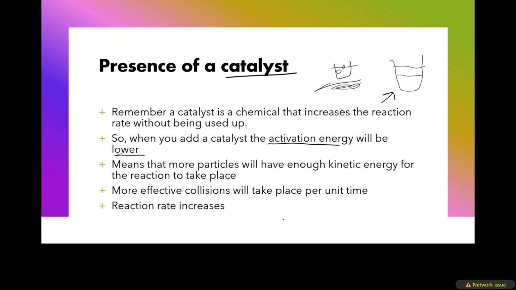For example, a reaction requires 20 joules, and we have got two particles. Another one has got 10 joules, another one has got 3 joules. So these particles cannot complete this reaction because they do not have enough kinetic energy, right? Because the kinetic energy that they have is lower than the activation energy, hence they won't be able to complete this reaction.